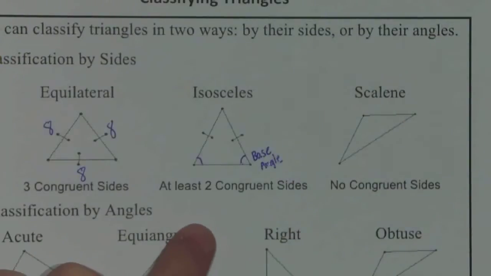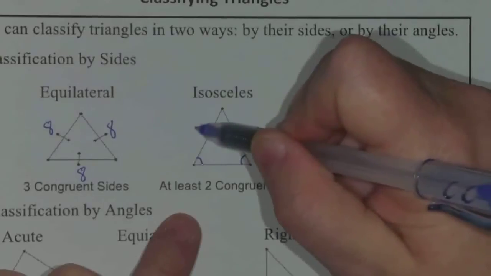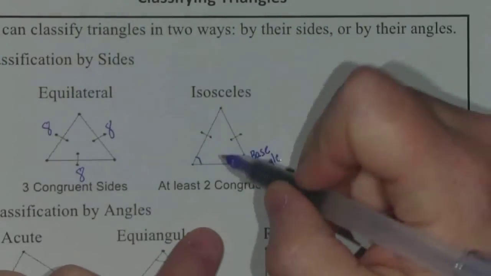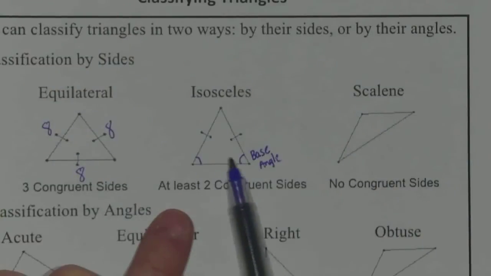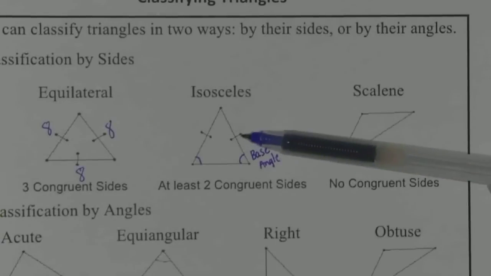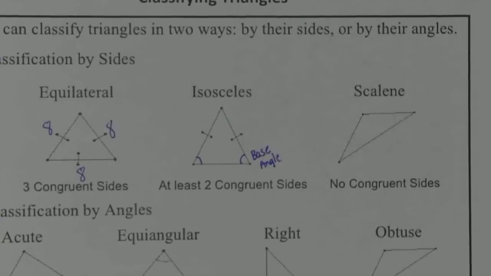Okay? The rules that we know about an isosceles triangle is that these two legs would be congruent. They're equal to each other, which also makes these two base angles congruent to each other. Okay? So in an isosceles triangle, the two sides are congruent and the two angles are congruent.